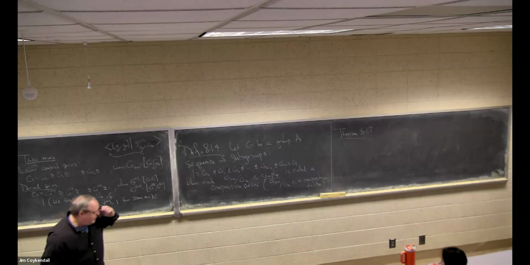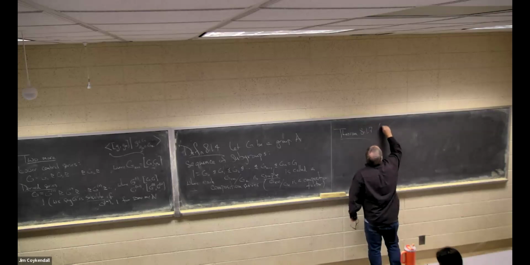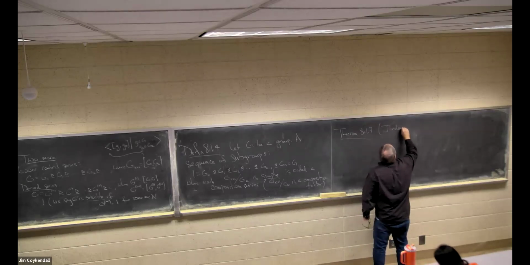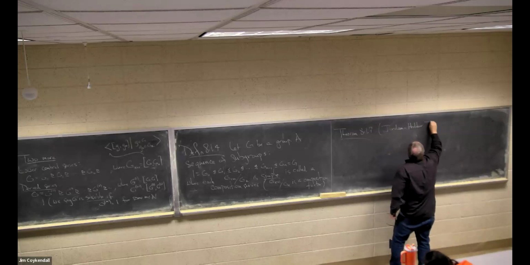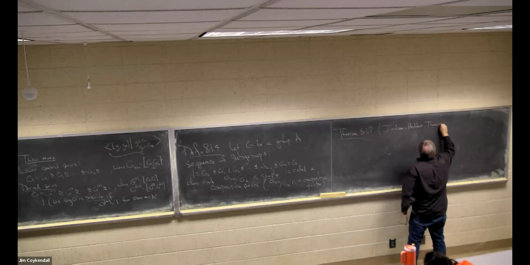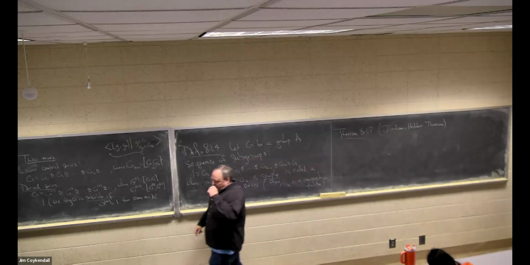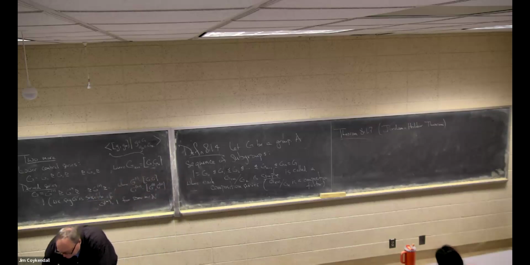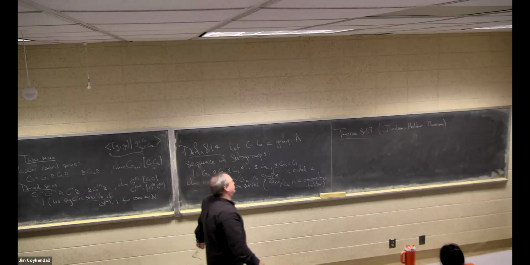Holder theorem, remember Holder's inequality from real analysis. So here's what the Jordan-Holder theorem says. Any two composition series for a group G have the same length and the same composition factors.